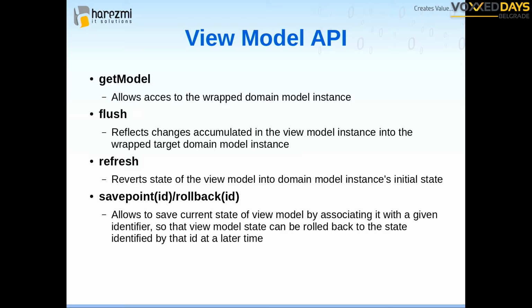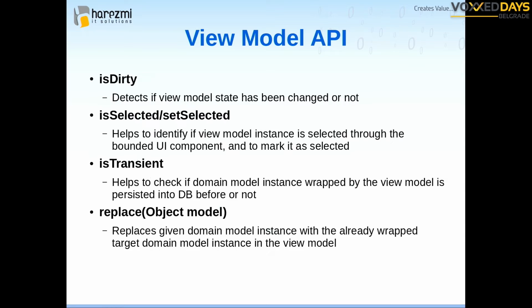Save point or rollback with identifier input allows us to save the current state of the view model by associating it with an identifier, so that the view model state can be rolled back to that identified state at a later time. isDirty can be used to detect if the current view model state has been changed or not.